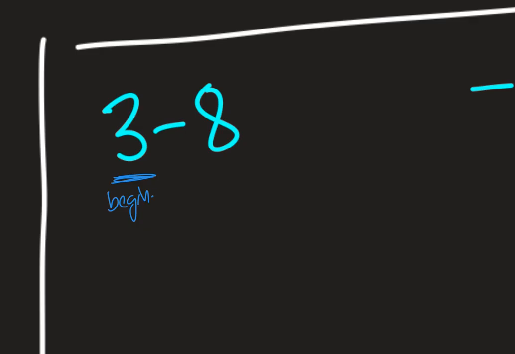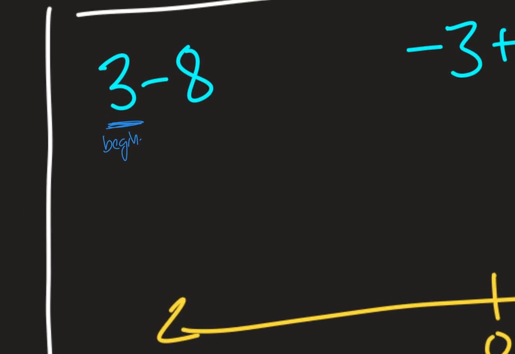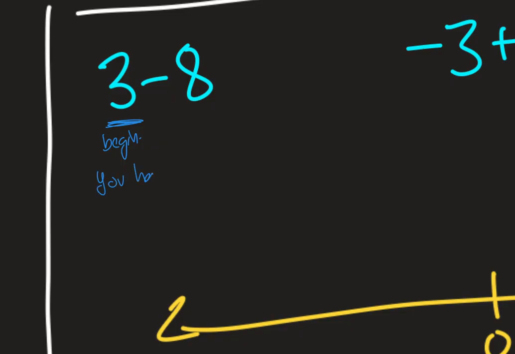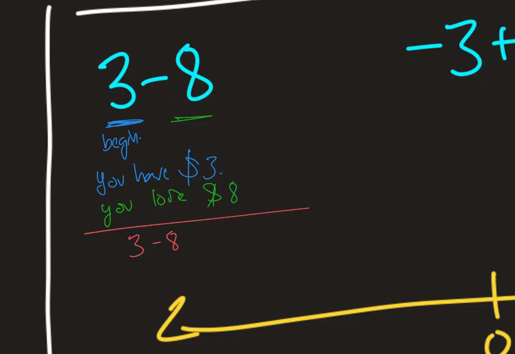So in this story, it's that, hey, you have $3, okay? And then it looks like the next thing that happens is that you lose or you give away $8. And I think we all get that, and that's why this is so simple: if you started with 3 and then you go down 8, you lose 8, well then, you must now have negative 5.